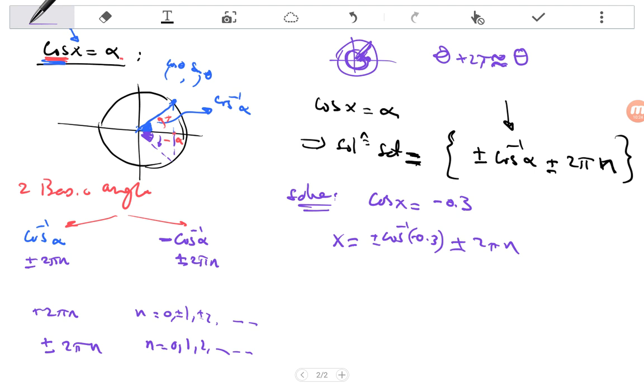So in summary, we have two basic angles, and to each of these two angles we add the multiples of 2 pi n. But we have some special cases for this alpha, for which the expression for the solutions may differ. Let's check these two special cases.